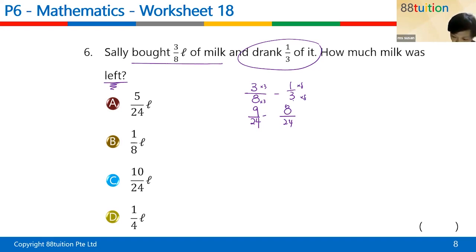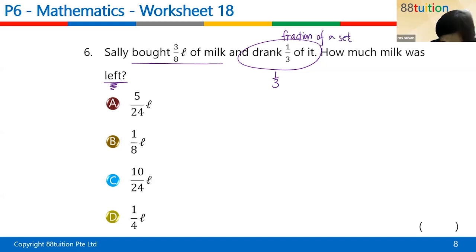Two-thirds. I explained my answer in the chat. Sorry, wait. It's 1/3. It's not liter, sorry, my bad. Because I saw the 1/3, right? Correct, thank you, Hannah. So 1/3 of it is fraction of a set. Okay, 1/3 of what set is that?